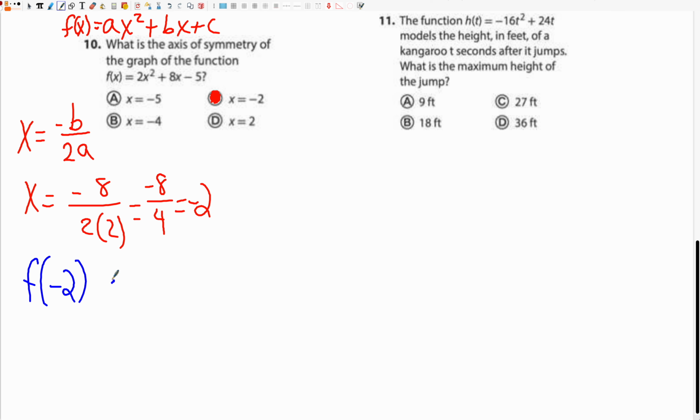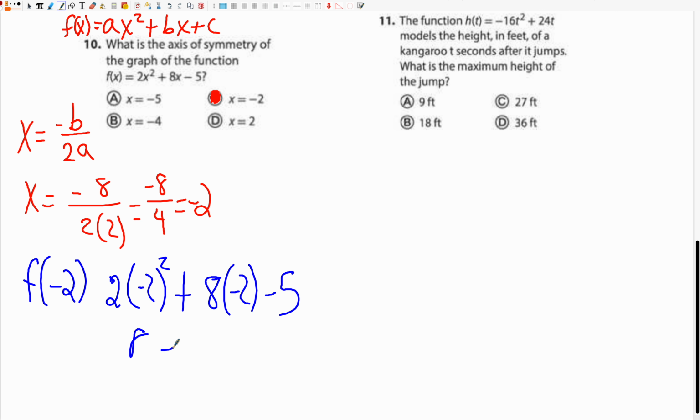So that would be 2 times negative 2 squared plus 8 times negative 2 minus 5. So that would be 4 times 2 is 8.